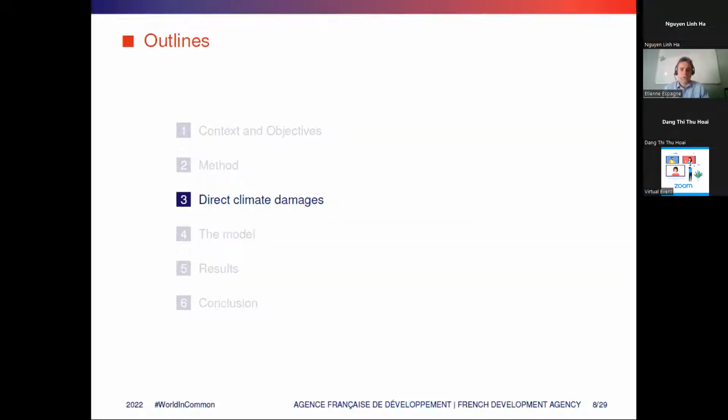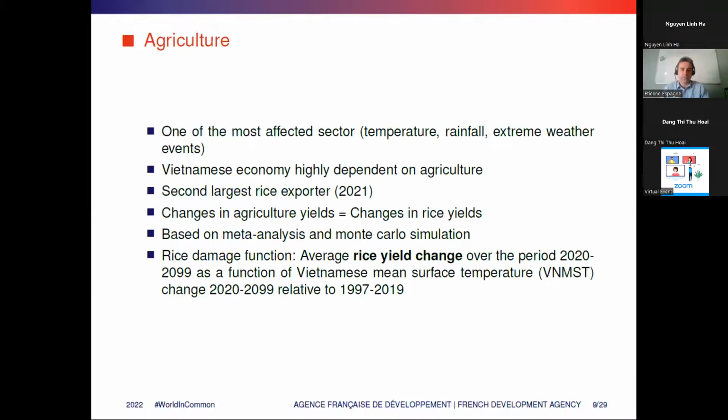So first, a few points on the direct climate damages. Agriculture comes first. It's the one sector that we think of immediately when we think about climate impacts. In Vietnam especially, the economy is still quite dependent on agriculture. It's the second largest rice exporter in the world, at least in 2021.